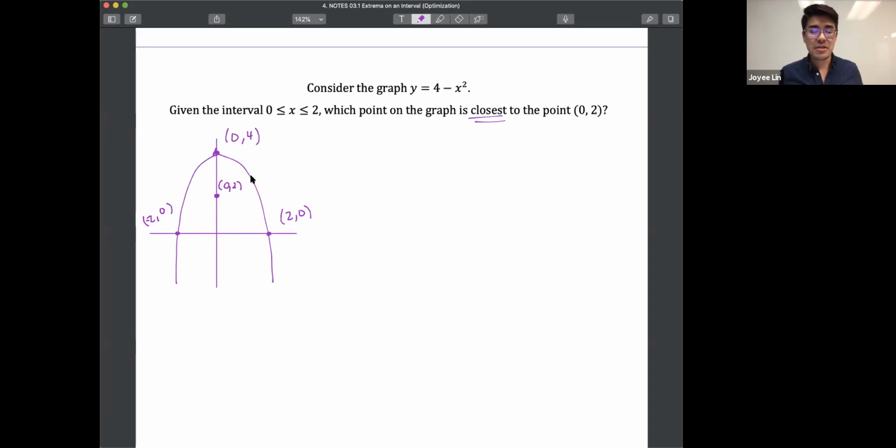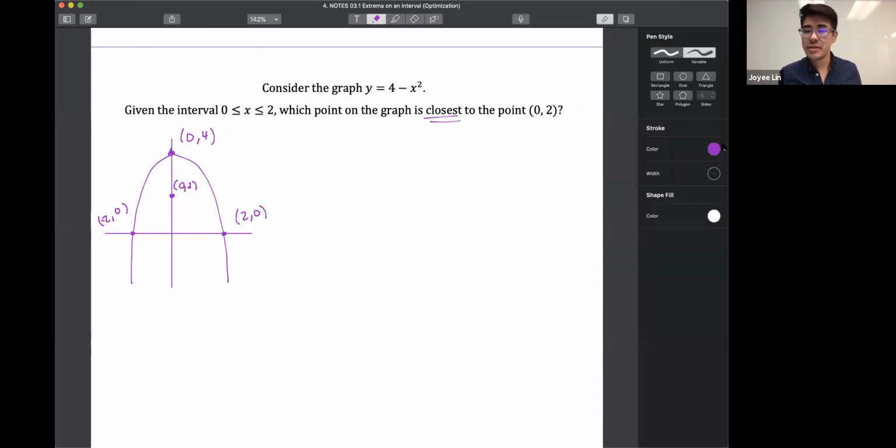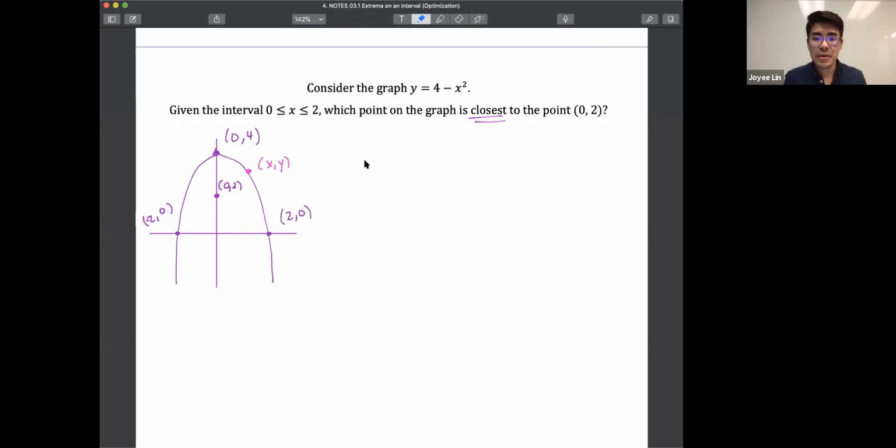So then plot a point then. We don't know what that point is, so I'm going to call that x, y. They even tell us we want to minimize the distance, right? So we're just going to use the distance formula. What is this?